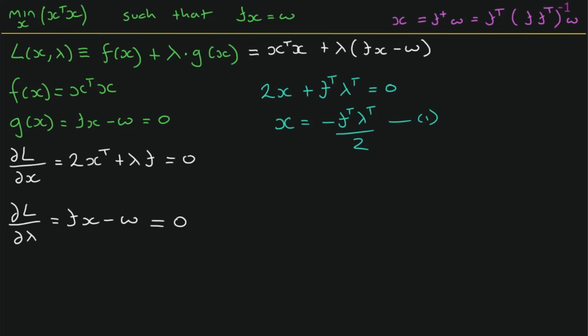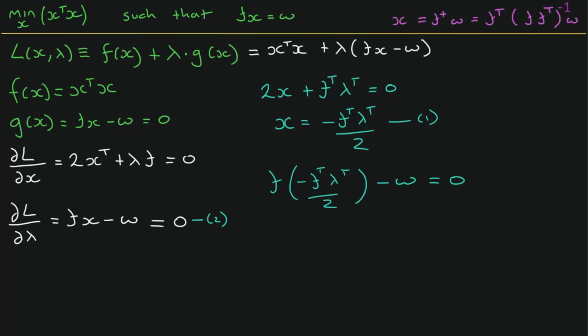Now that we have rearranged for x, we're going to substitute this x into our second partial derivative we solved for, which we'll call equation 2. So if we substitute x into equation 2, we get J times x, which we'll put in now as minus J transpose lambda transpose on 2, minus W equals 0.